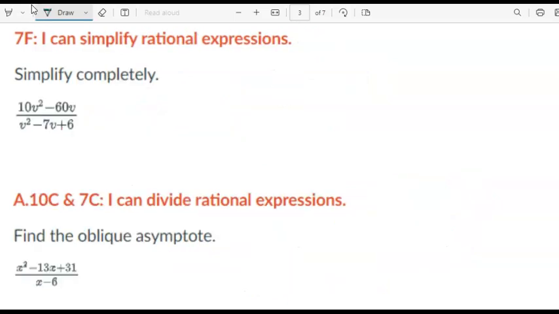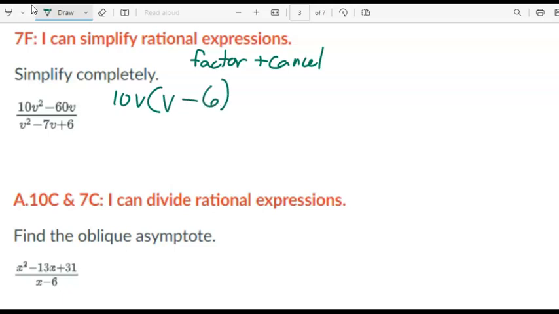7F, I could simplify rational expressions. Simplify completely. 10v squared minus 60v all over v squared minus 7v plus 6. The first thing you would do is factor and then cancel. We could take 10v out of each of those top two terms in the numerator, and then we're left with v minus 6.